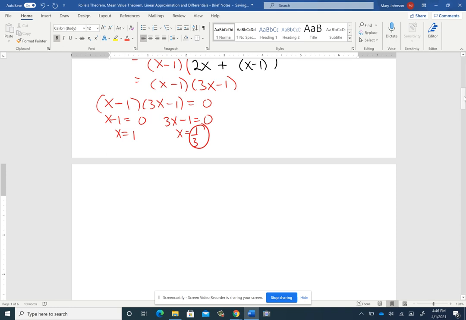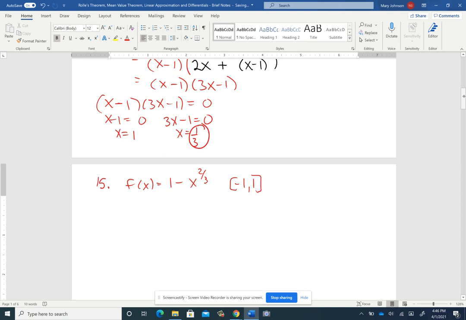Okay, so we also looked at number 15 in class. On 15, you had the function 1 minus x raised to the 2/3 power, and you wanted to look on the interval from -1 to 1.